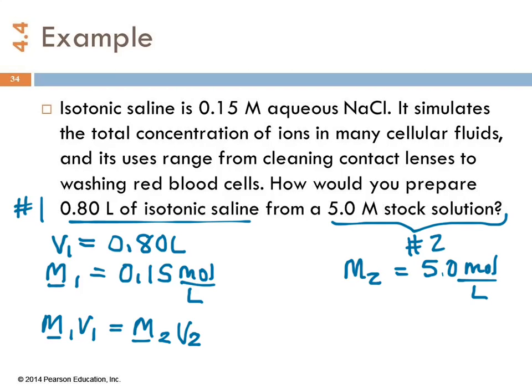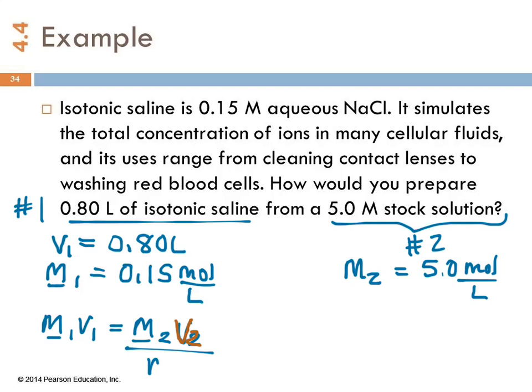And what are we going to solve for? We're going to solve for the one we don't know. We don't know what V2 is. So we're going to solve for V2. This is algebra. And we're on Chem 1A, so I'm going to go over this really quickly. We need to get V2 by itself.